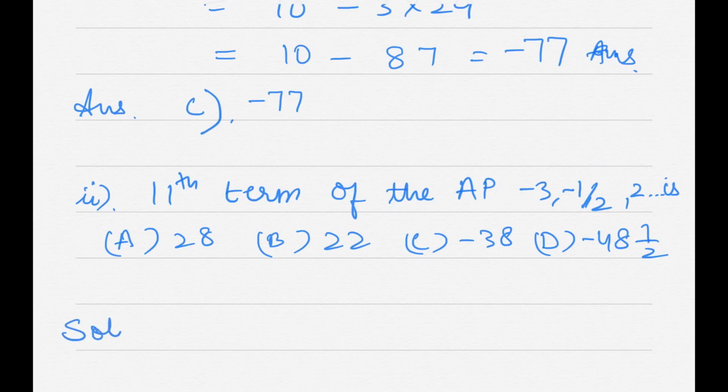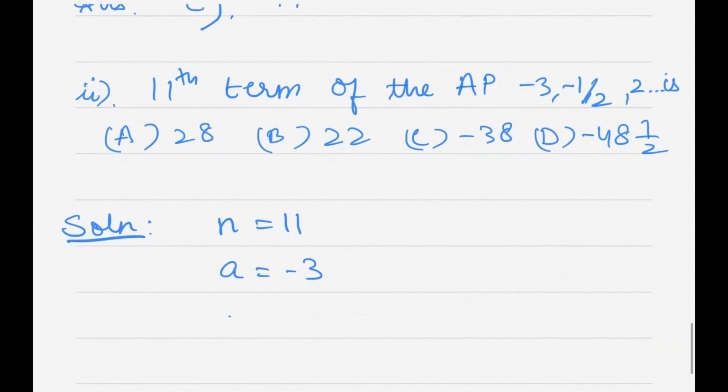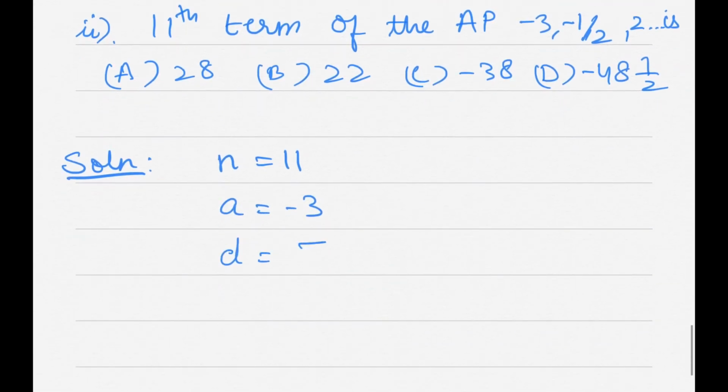So I'll start solving. I have to find the 11th term. So my n is equal to 11. By looking at the AP, I know A is equal to minus 3, and my D would be T2 minus T1, term 2 minus term first. So that would give me minus half and plus 3, because minus minus becomes plus.